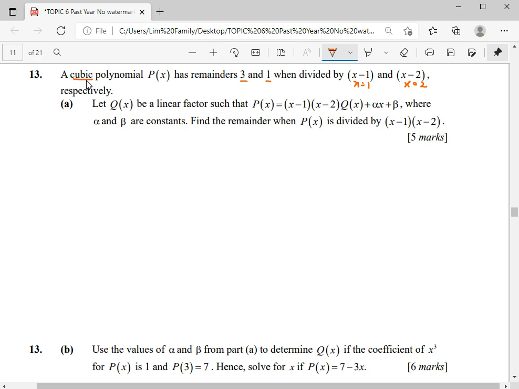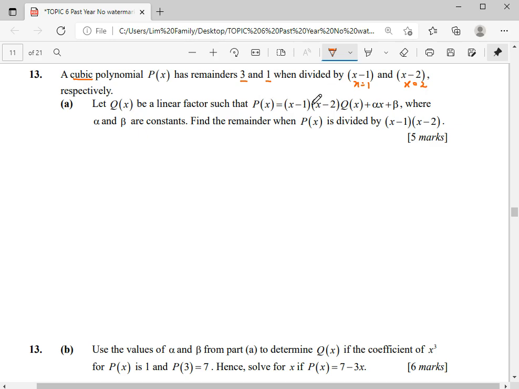So the first thing, they say q(x) will be the linear factor. So they just label it q(x). Here is another linear factor, such that our polynomial is cubic, right? So its factors should be 3.